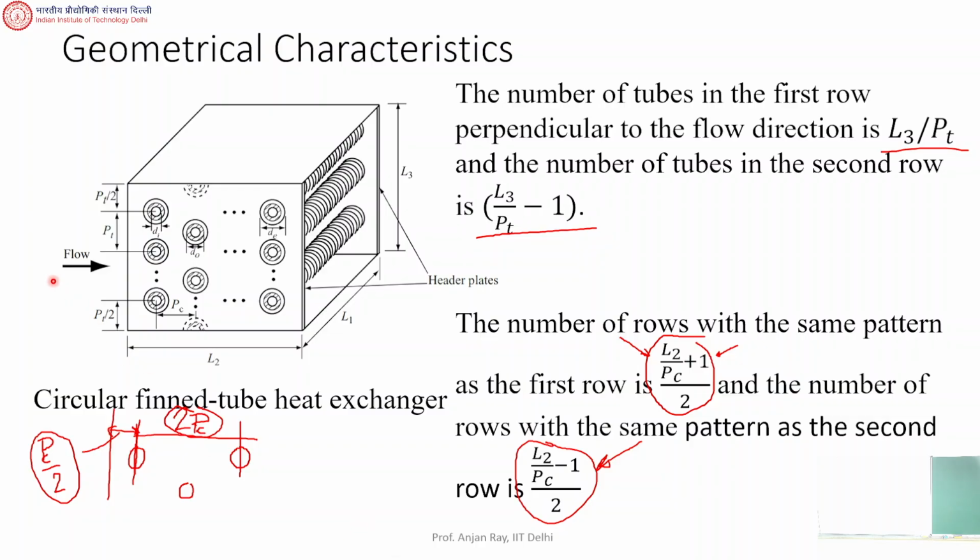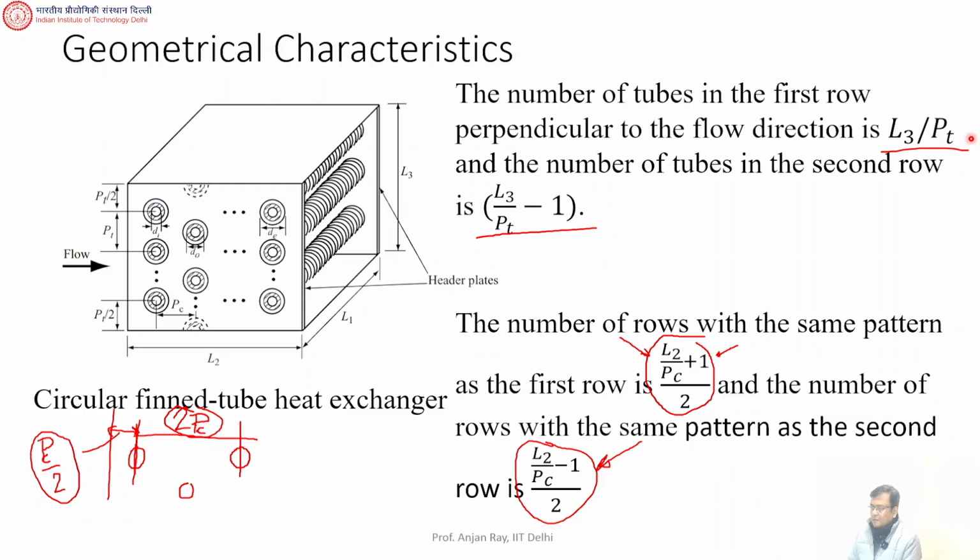Now, this is the flow direction, right? This is, you can say, the flow of gas, and flow of liquid will be through the tubes, right? So when we talk about the flow of gas, then we have these tubes which are perpendicular to the flow direction of the gas. Okay, so is it okay to write L3 over PT?